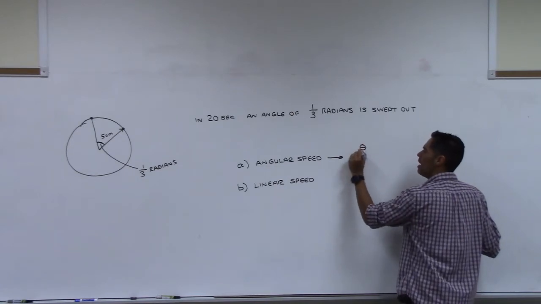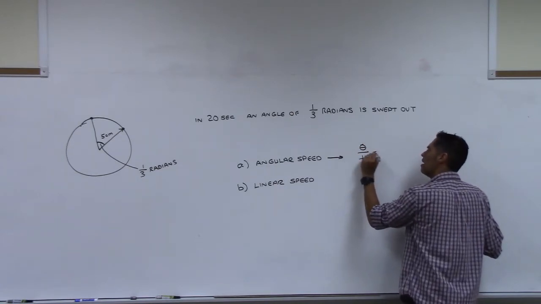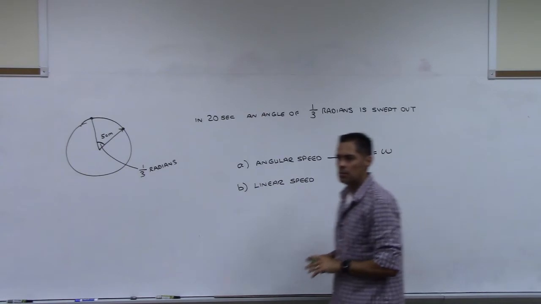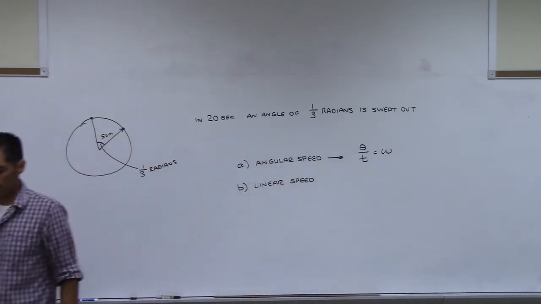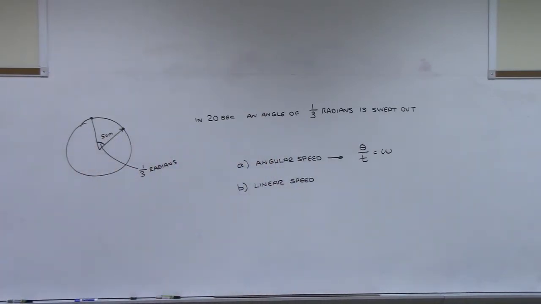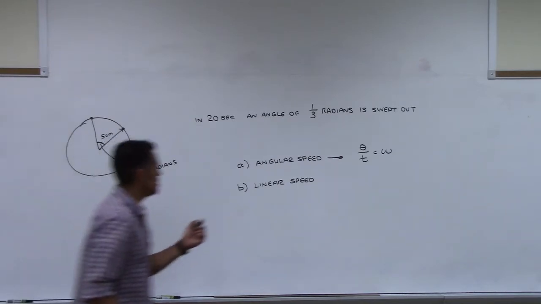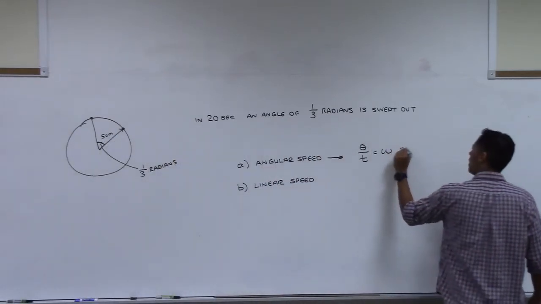It's theta over time. And we call that omega. So we need the angle that it's going through divided by the time that it takes it to do that. And aren't we given both of those pieces of information? The angle that it sweeps out is 1/3 radians.